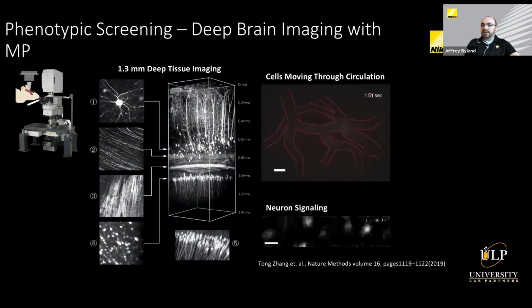This can be combined then with perturbations in the environment, addition of drugs, toxicants, these kinds of things, and then we can watch how those affect the development process. So another way to collect very nice, dynamic, high content imaging information.